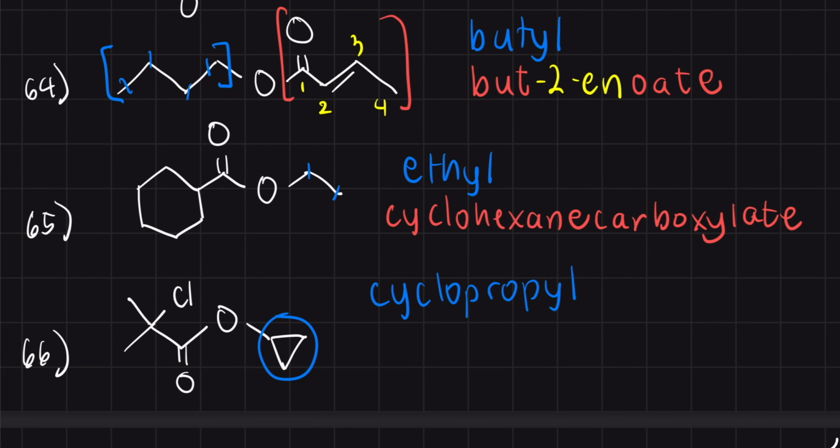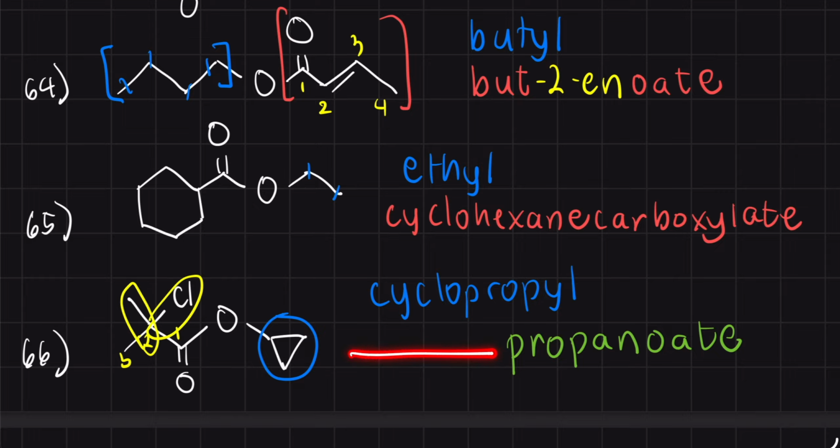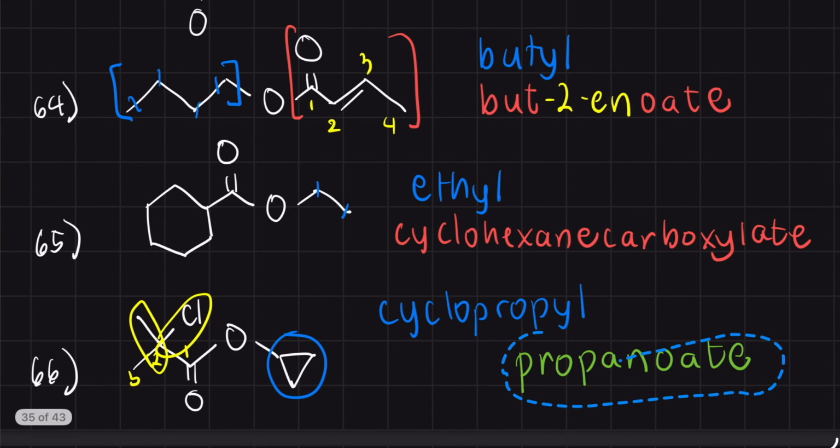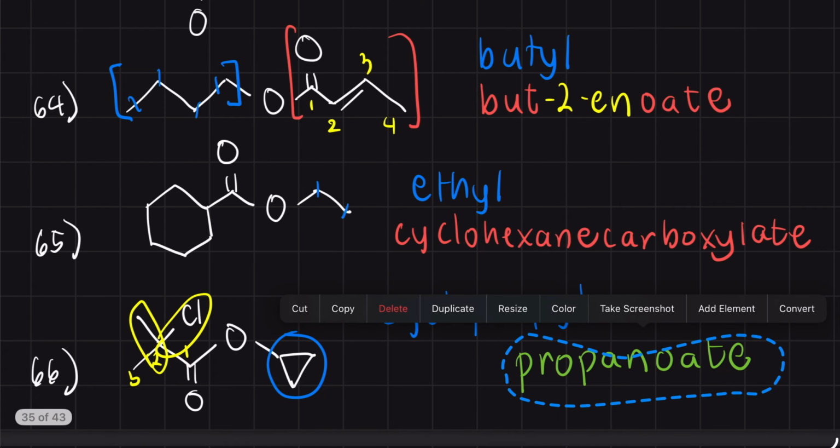So if I count the parent chain, it's going to be 1, 2, 3. So that's going to be, well, for starters, prop, purely single bond, an, and then oate, right? But since we do have locants, the substituents at locant 2, we're going to have to put that before this one. Oh, why did I use green? We use red, right? So let me change that.